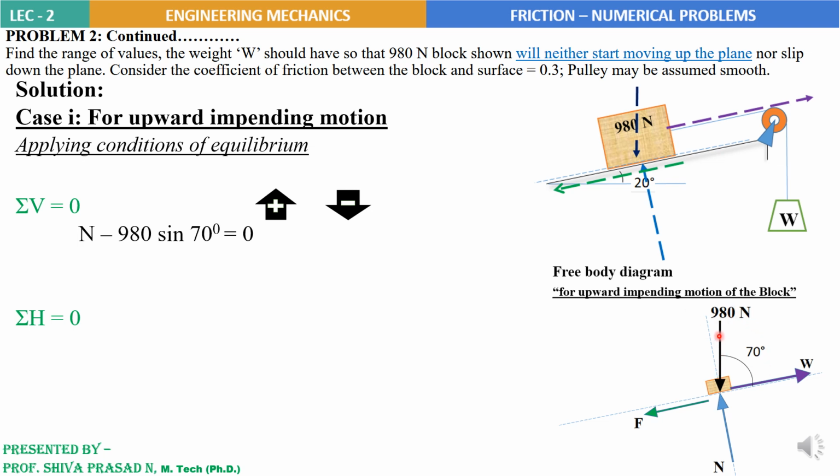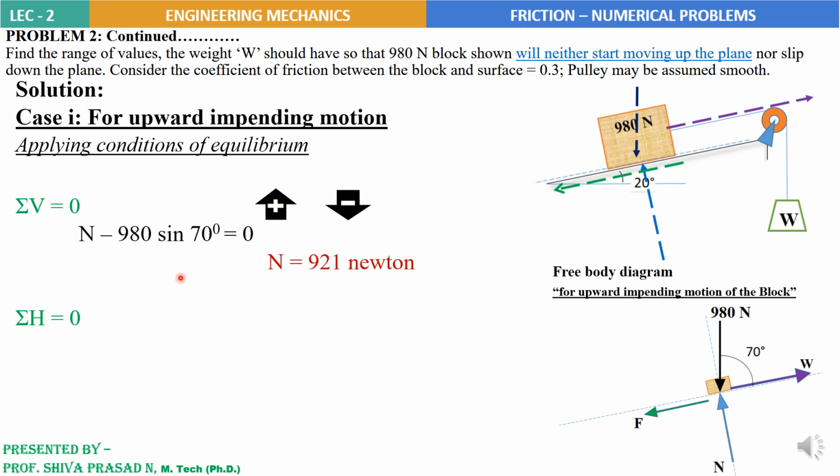See, 980 is not along the assumed y-axis, so you need to resolve that. Downward force negative, minus 980 sin 70 degrees, is the resolved component of the 980 Newton force along the vertical direction. Solving this, we get N equal to 921 Newtons.